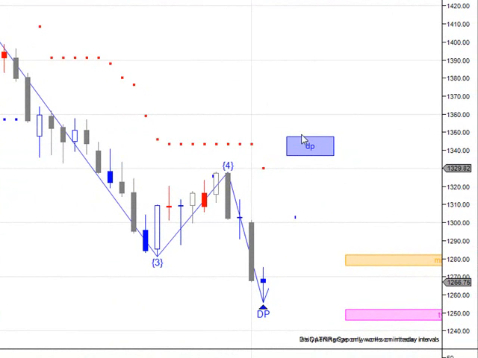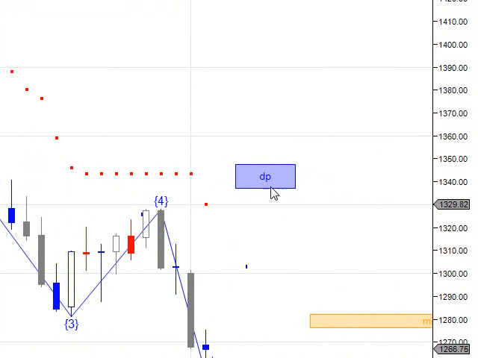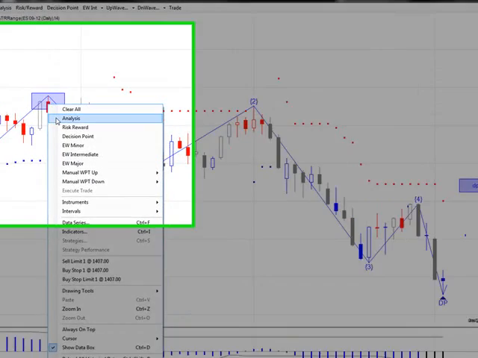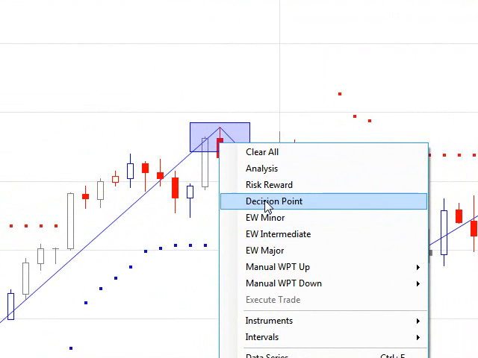If, however, they take this area out, that's around the, we'll call it, 1337 to 1350 area, if they take that out to the upside, then I expect this whole 5-wave pattern down will get erased to the upside. And we can actually take a decision point off the top of wave 1 here.